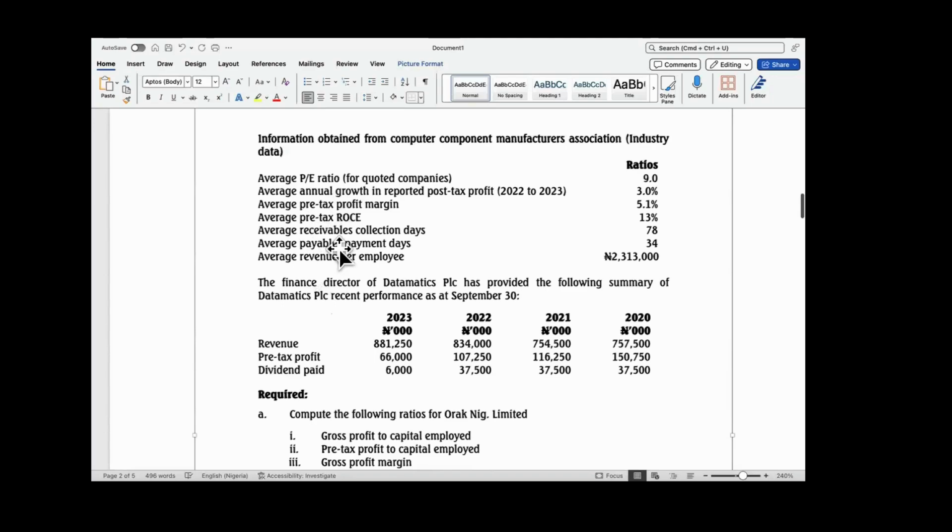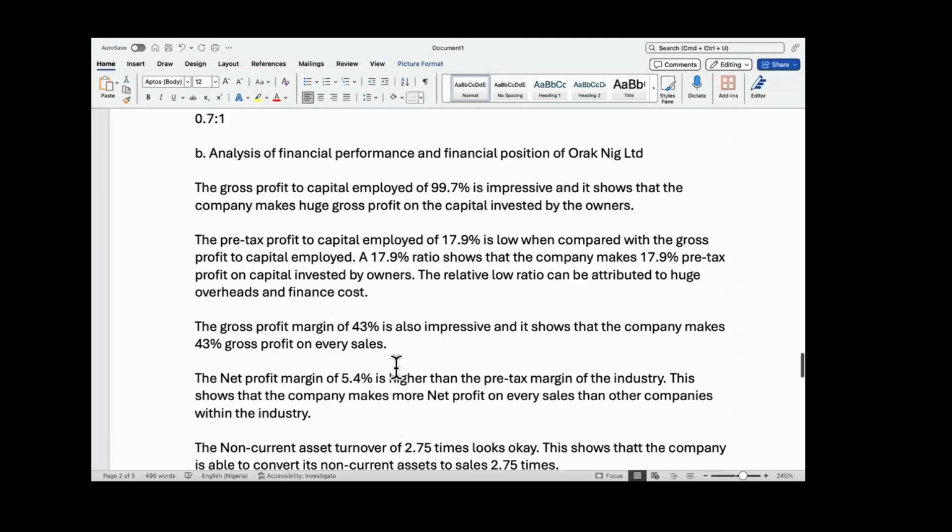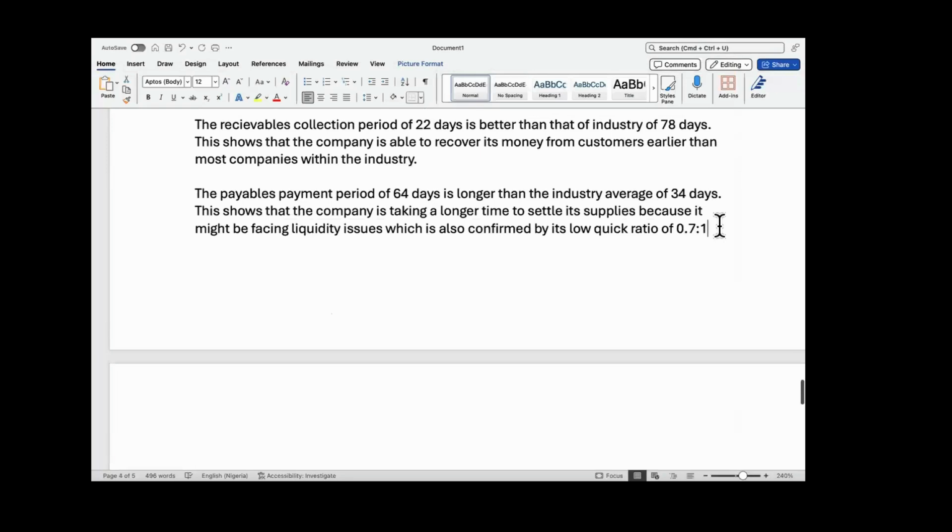They didn't give us the inventory turnover period for the industry, so I'll just analyze it with respect to itself. The inventory turnover period of 61 days looks long.